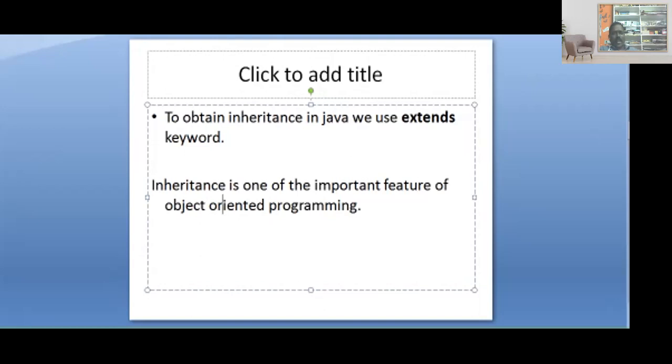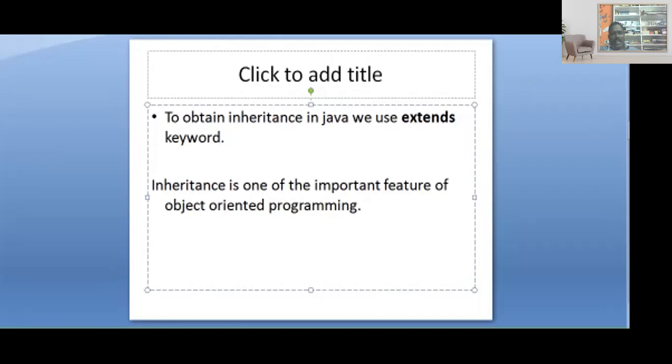Think that we have two classes: one is the parent class, one is the child class. I'll make it clear. The parent class has some properties and behavior. Those properties and behavior can be used by the child class, and the child class can implement its own behavior. That is nothing but inheritance. When it comes to inheritance, we are not modifying anything.